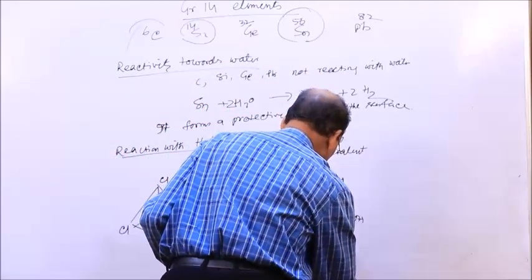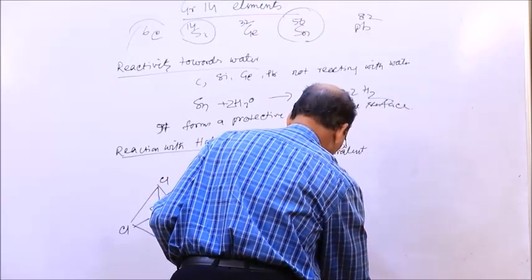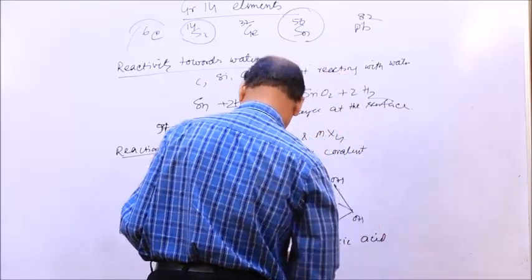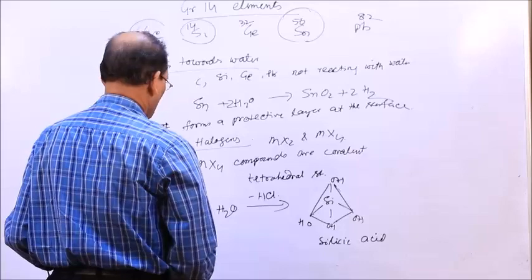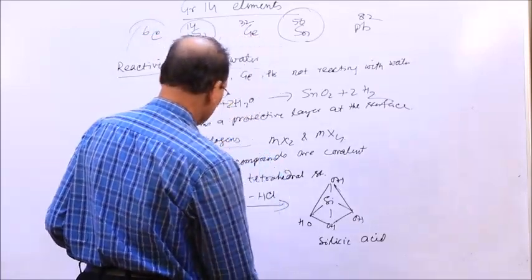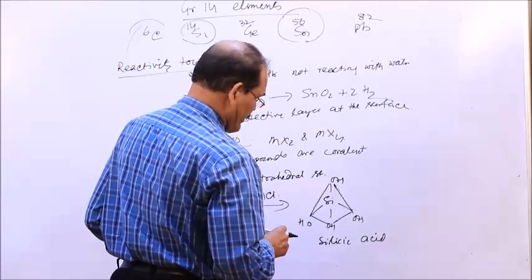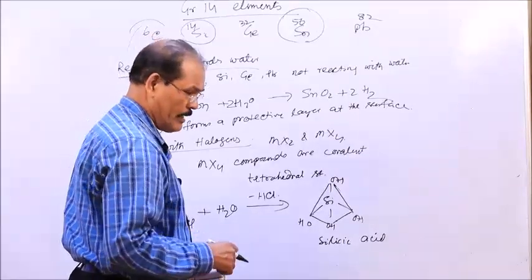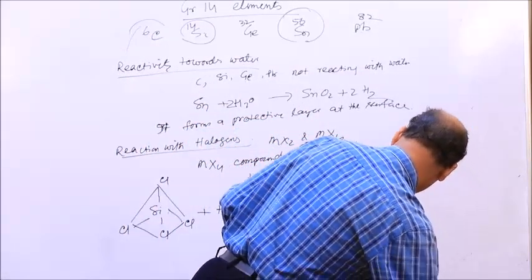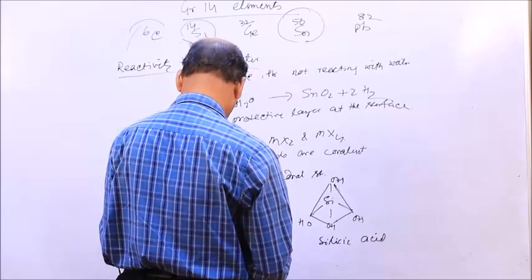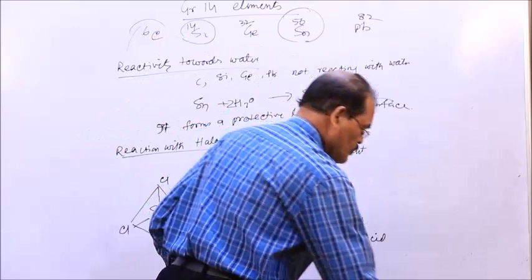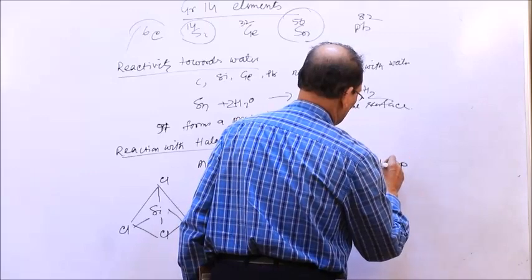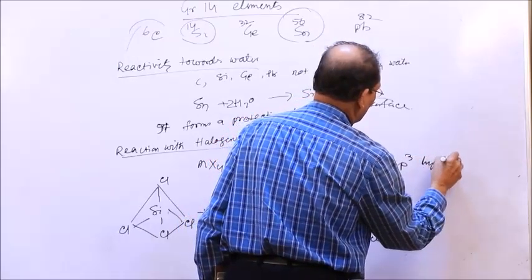It accepts a lone pair of electrons from the water molecule and takes up 4 hydroxyl groups to form silicic acid. This is due to sp3 hybridization.